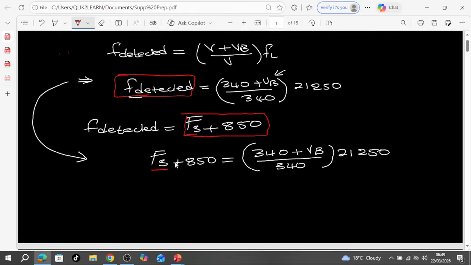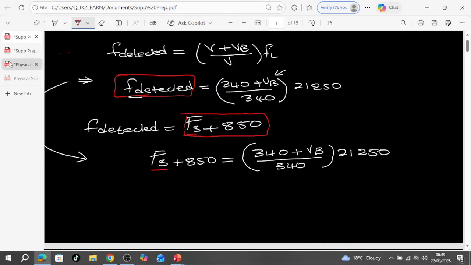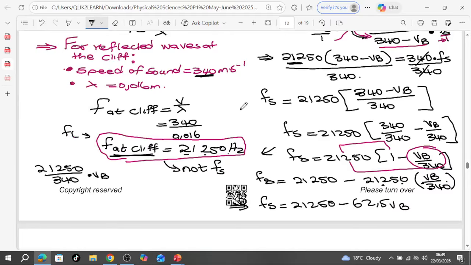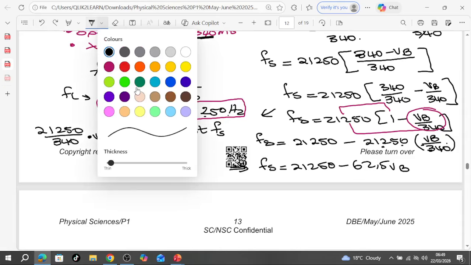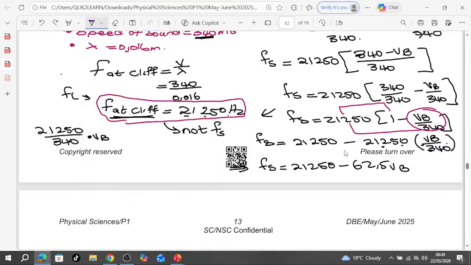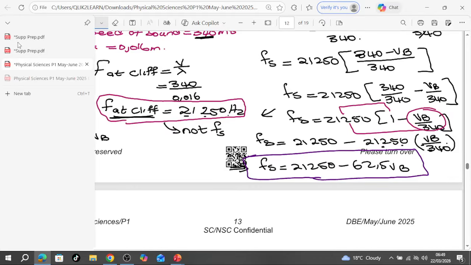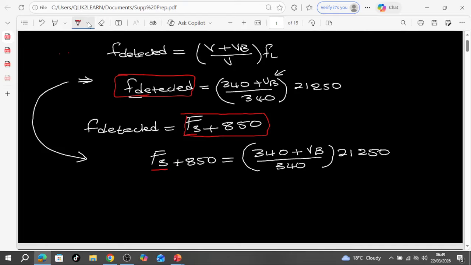So this Fs, let's go back to what we worked on in the previous equation. We proved that Fs equals 21250 minus 62.5 VB. I never thought we would spend so much time on the Doppler effect, but we are not wasting time, we are learning.